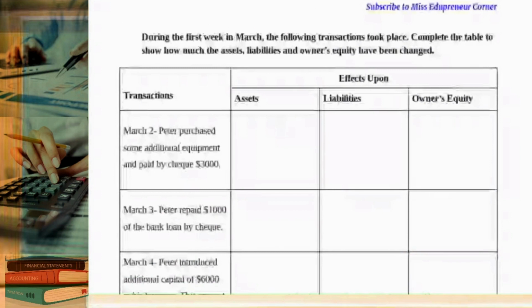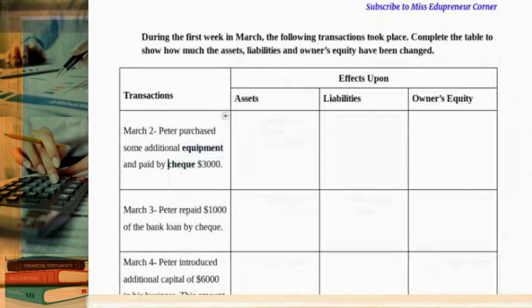They are equipment and check. And whenever you see check in a transaction, it represents bank. So now we are to see whether these items will increase or decrease as a result of the transaction.